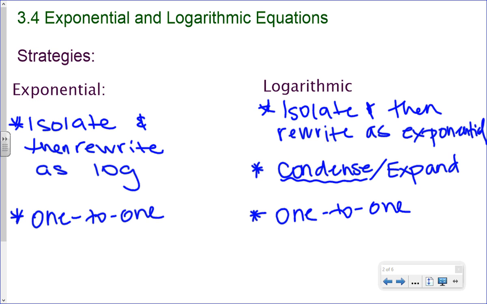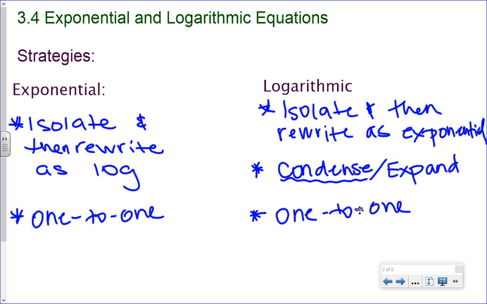The one-to-one property for both exponentials and logarithmic equations could be helpful, okay? If you have two logarithms that are equal, the one-to-one property may be what you need to solve your equation. Basically, we need to be able to problem solve through these equations in order to be able to solve, all right?